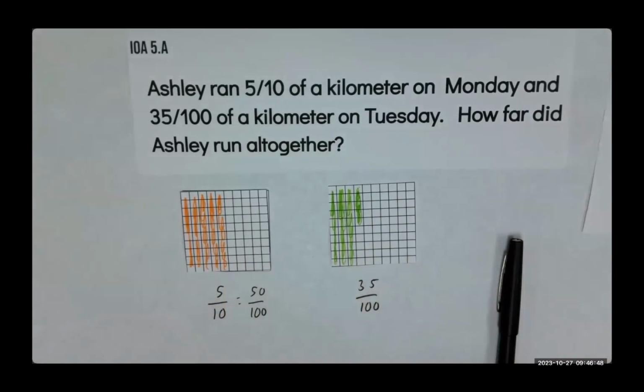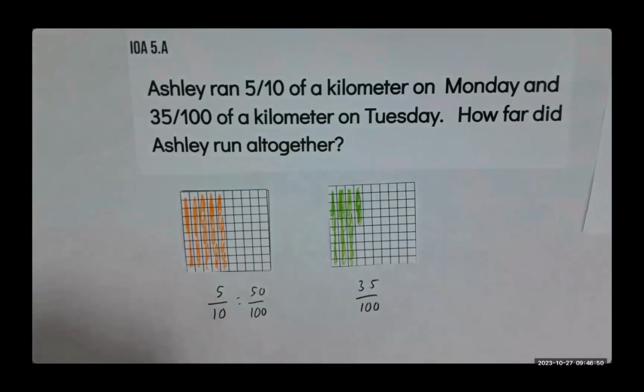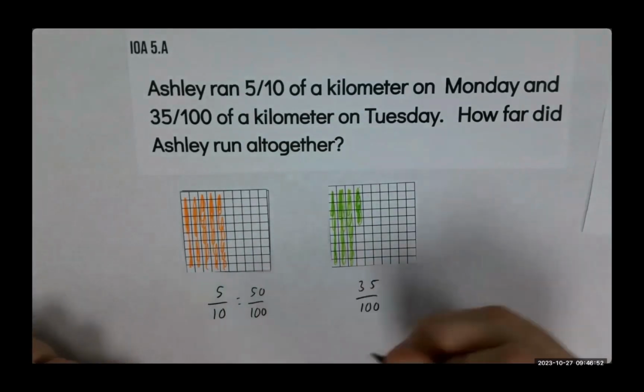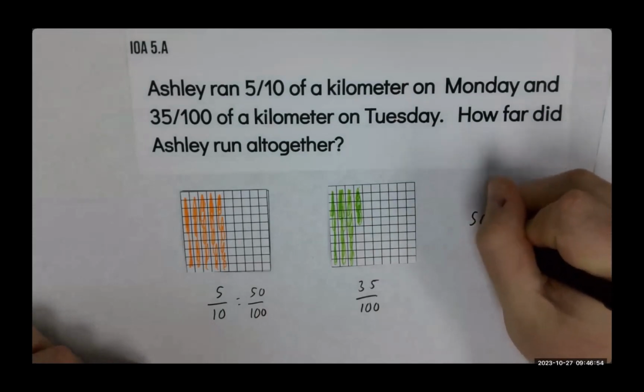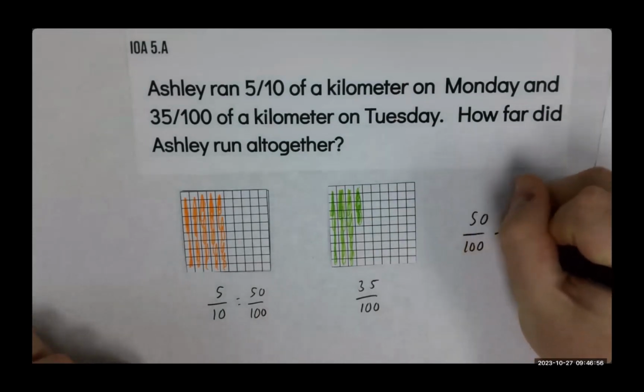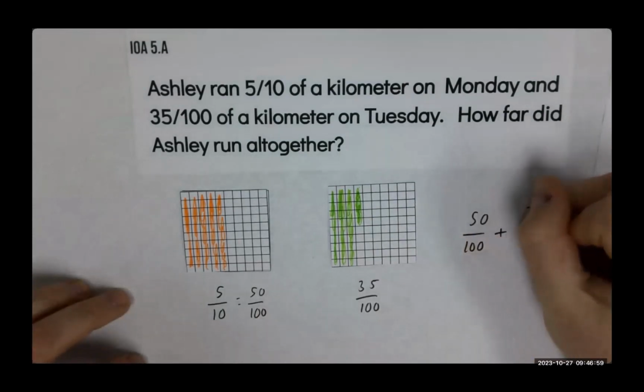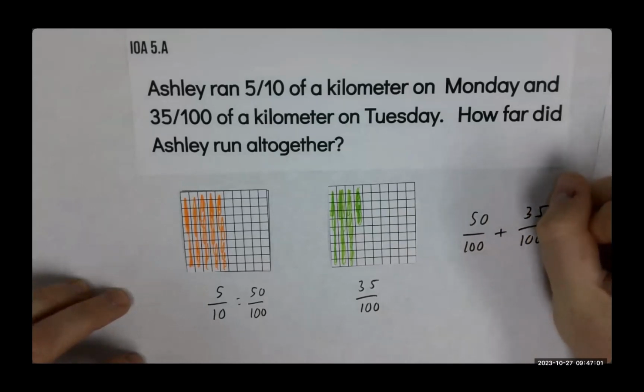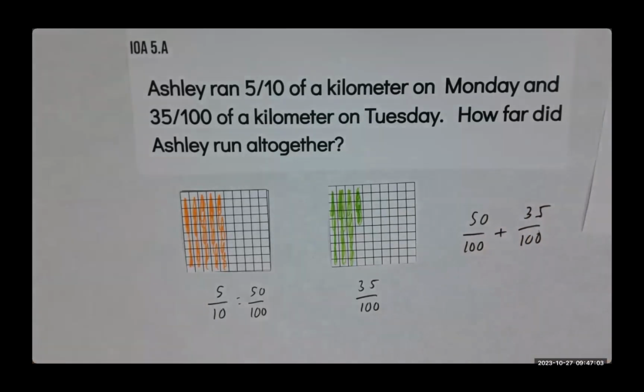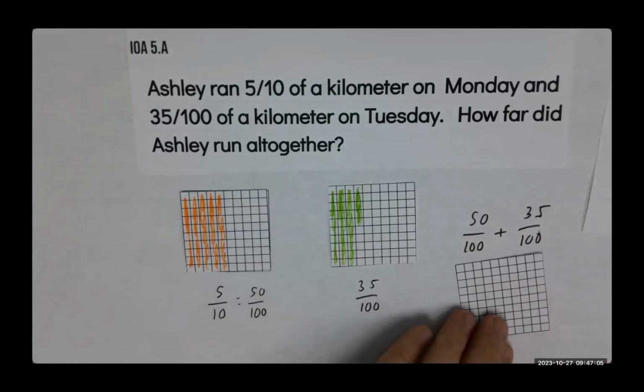So now I can add fractions with like denominators. And I can add 50 hundredths plus 35 hundredths. And I can do that on my decimal grid.